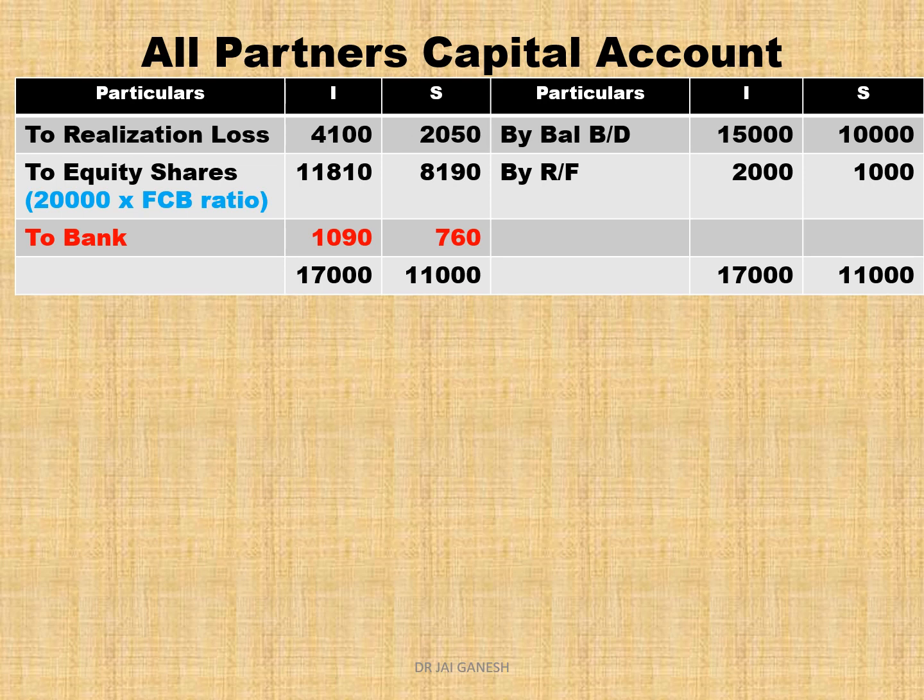So we get 14,950. So we have to distribute in our ratio. You need to distribute equity shares to the partners in the final capital balance ratio. Thereby you get a bank answer, the final settlement to Indra and Sudha, 1,090 and 760.